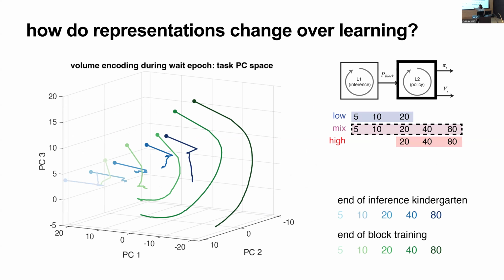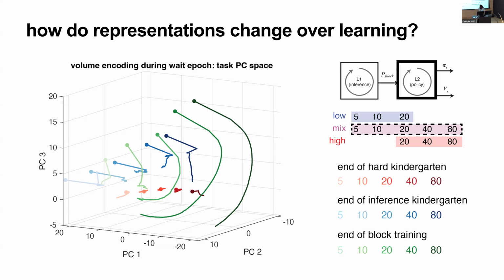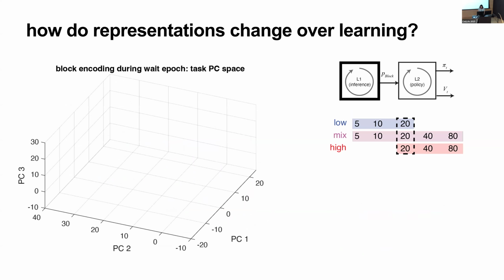If you're going back to earlier stages of kindergarten training, you find the same kind of encoding of reward, but in a rotated space. So you see less of it. But basically what we think is happening is that once you have the dynamical systems features, you might have to tweak them a little bit, might re-rotate them or something like that in order to make them work with the new task, but you can still recycle them for later function.